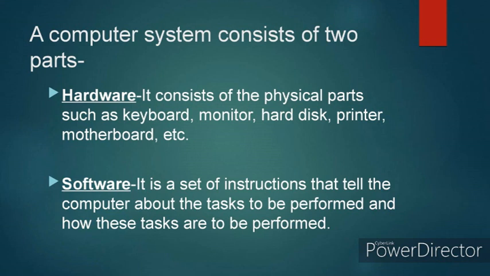Hardware consists of the physical parts such as keyboard, monitor, hard disk, printer, motherboard. Now, what is software? It is a set of instructions that tell the computer about the task to be performed and how these tasks are to be performed.